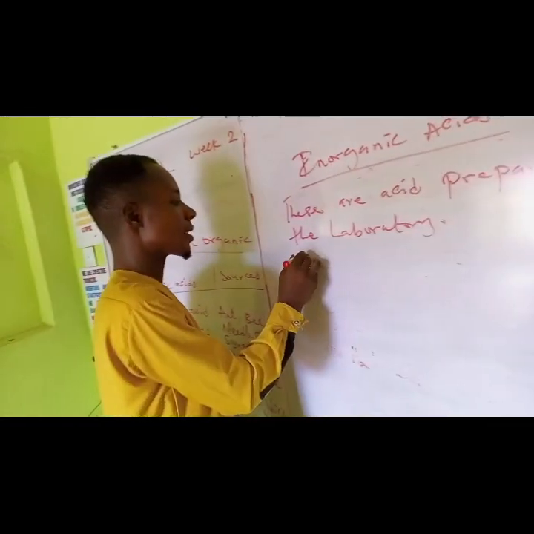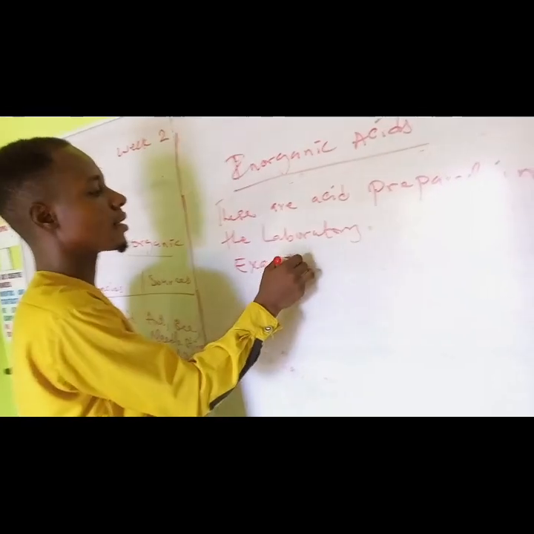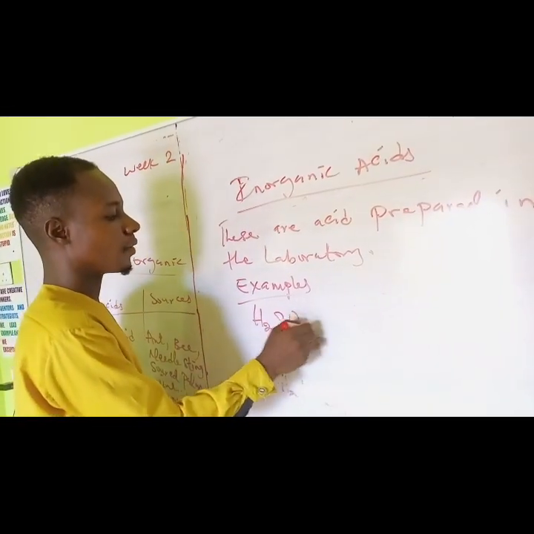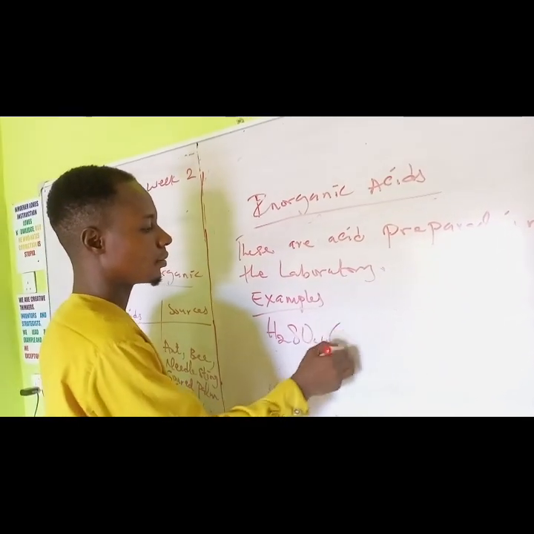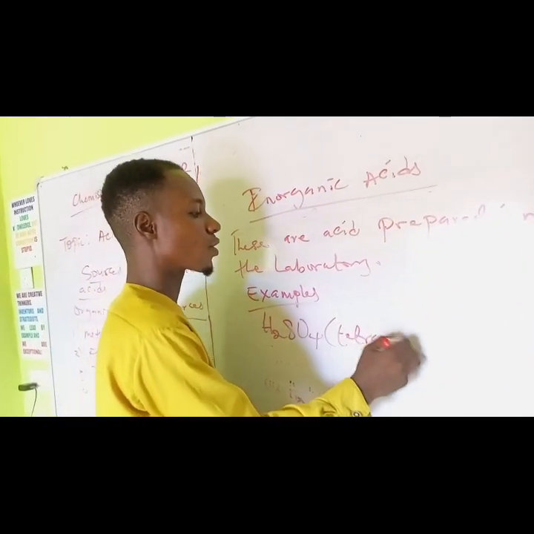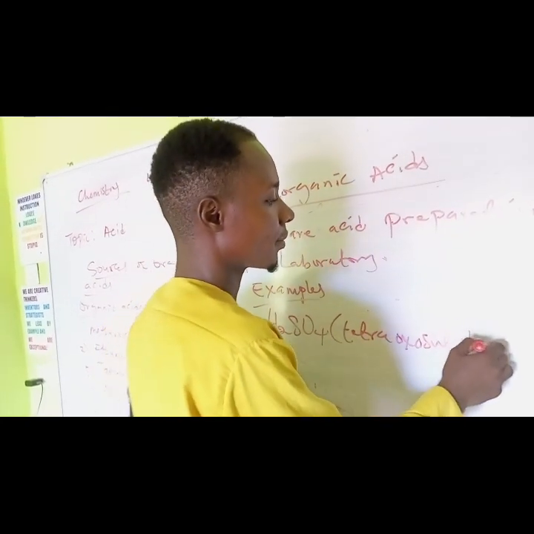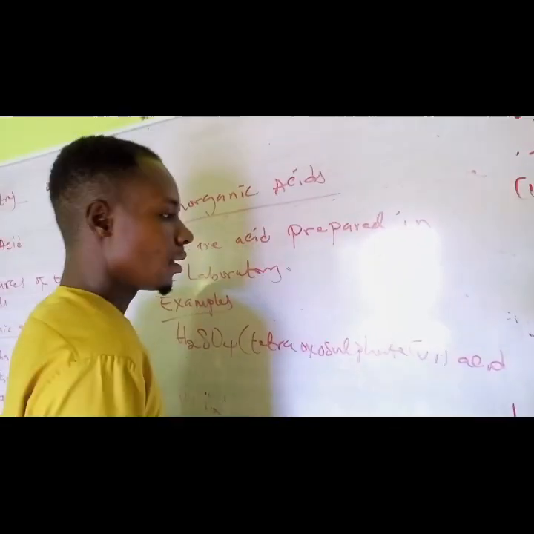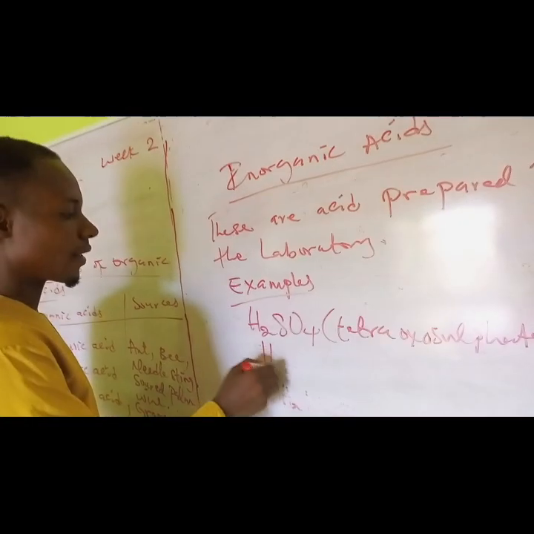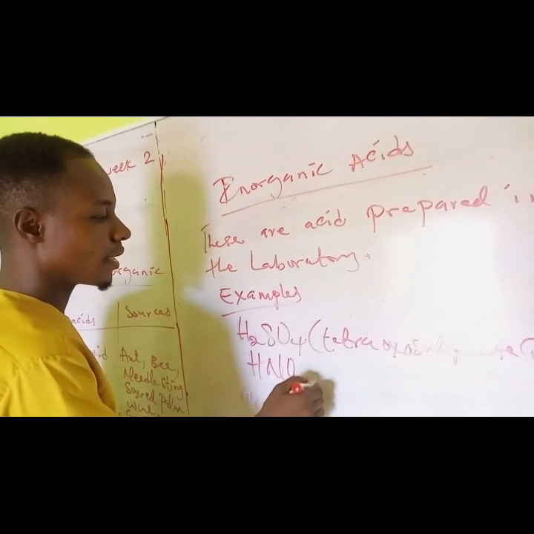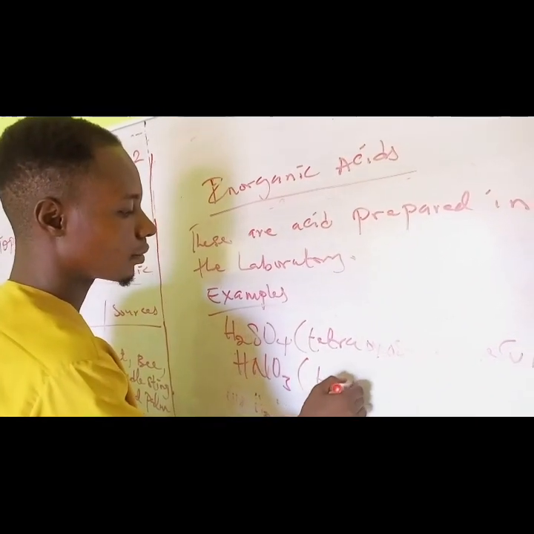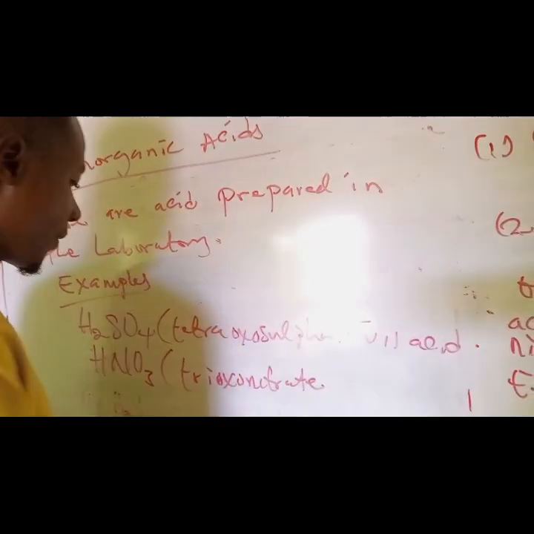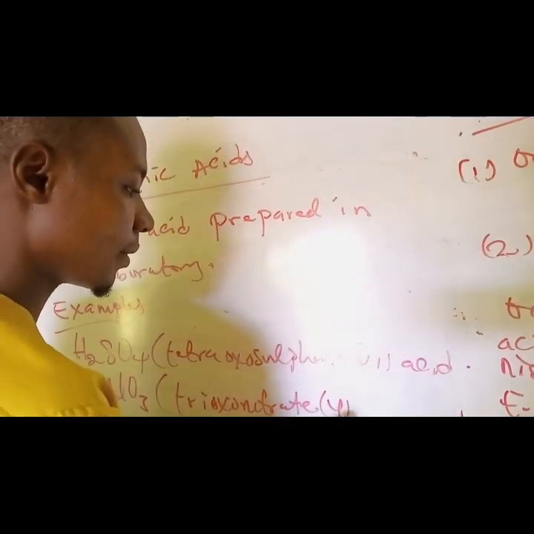So the key examples of these inorganic acids, we have H2SO4, which is tetraoxosulfate 6 acid. Then we also have HNO3, which is trioxonitrate 5 acid.